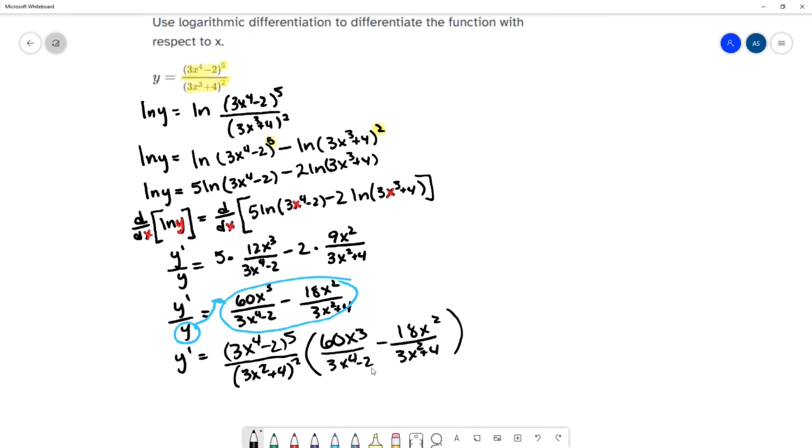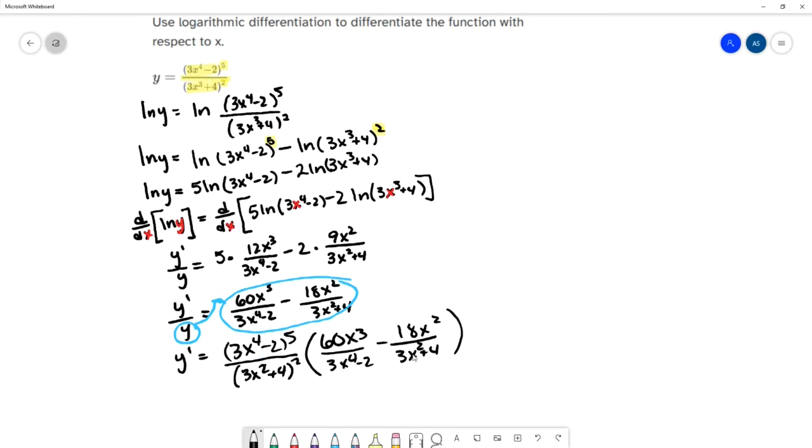We can do a little bit more simplification, and it'll cause some canceling out. The reason is that you can see this denominator of 3x to the fourth minus 2 is the same as this factor over here.